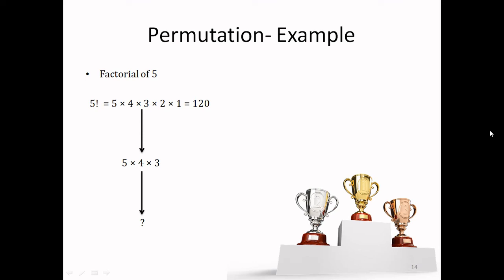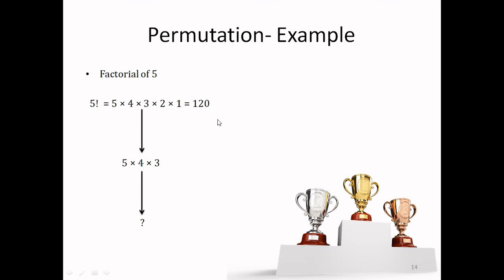Now the question is that we need a proper formula for that purpose, and here factorial can help us. As you can see over here, if you expand 5 factorial you get 5 cross 4 cross 3 cross 2 cross 1, and that makes the product 120.